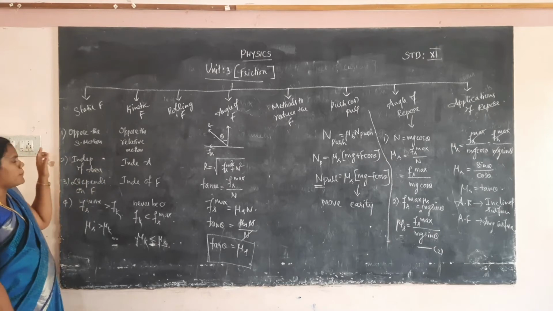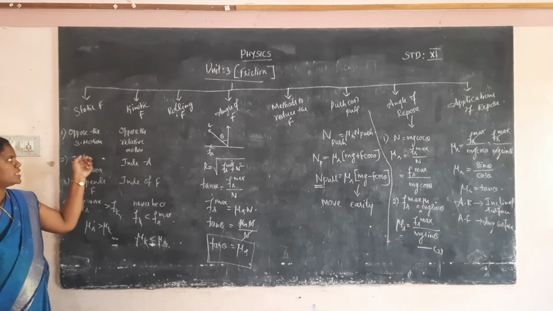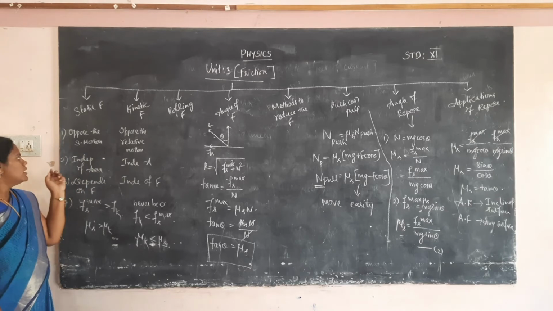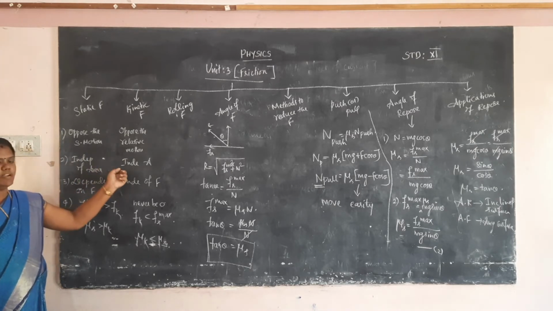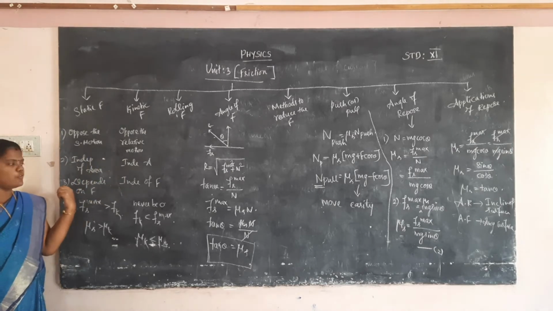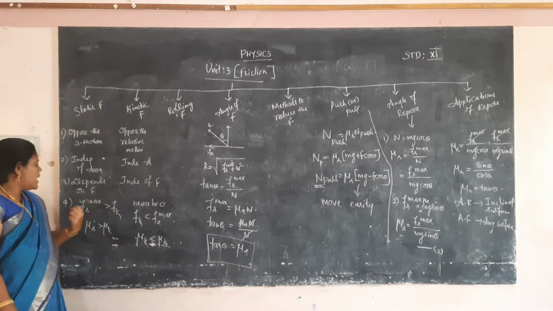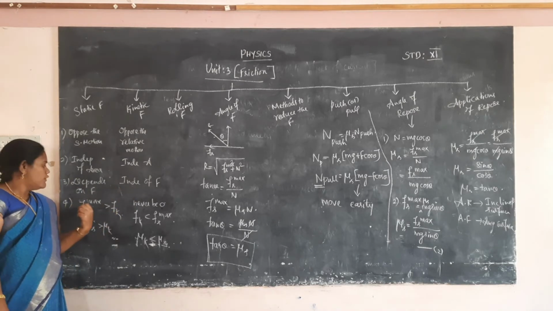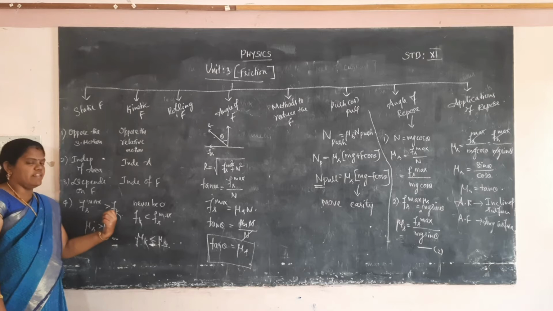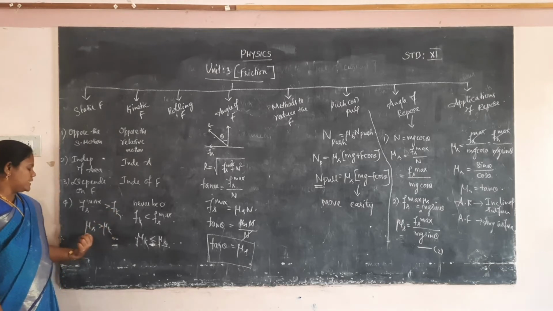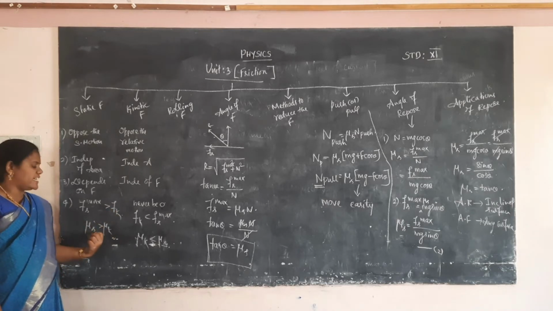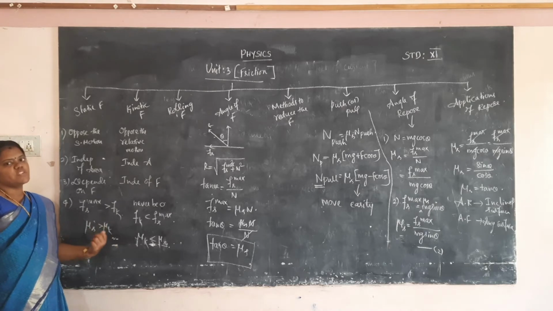Static friction opposes the starting point of motion, opposes the relative motion, and is independent of area. The maximum static frictional force will be greater than the kinetic frictional force, and the coefficient of static friction will be greater than the coefficient of kinetic friction.